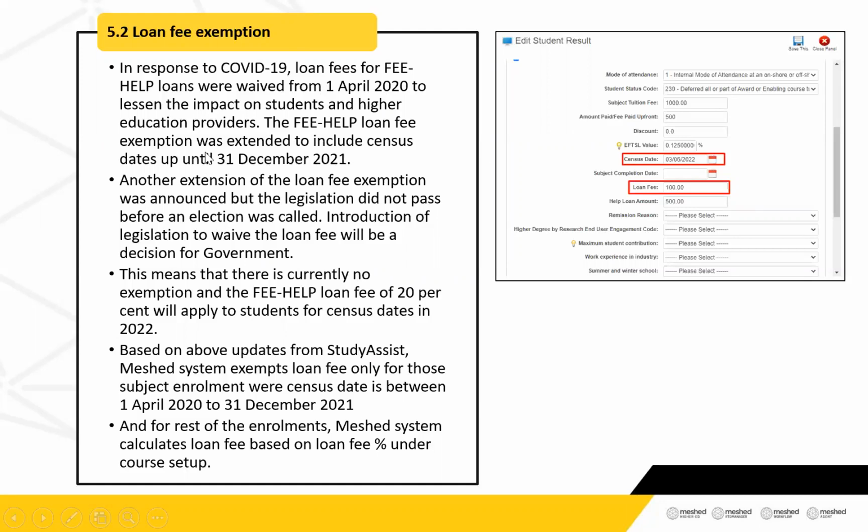It may get exempted if the census date is till December 2022, but that legislation has not passed yet. So that's why it is required that this year, that is 2022, we should report loan fee while reporting unit enrollments to TCSI. So that's why you also have noticed that if there is a census date of 2022 year, the system is calculating loan fee for that subject enrollment.